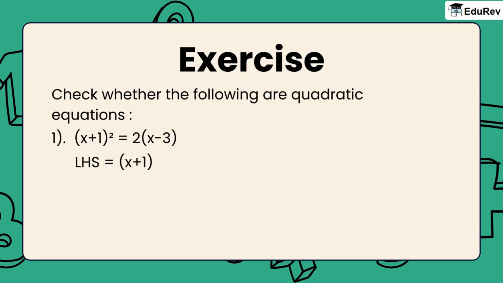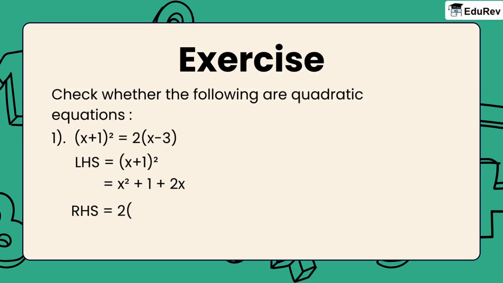(x + 1)². Isn't it similar to an identity we have studied? Which one is it? Yes, it is (a + b)², which is equal to a² + b² + 2ab. Similarly, we open this bracket, we get x² + 1² + 2 multiplied by x multiplied by 1.